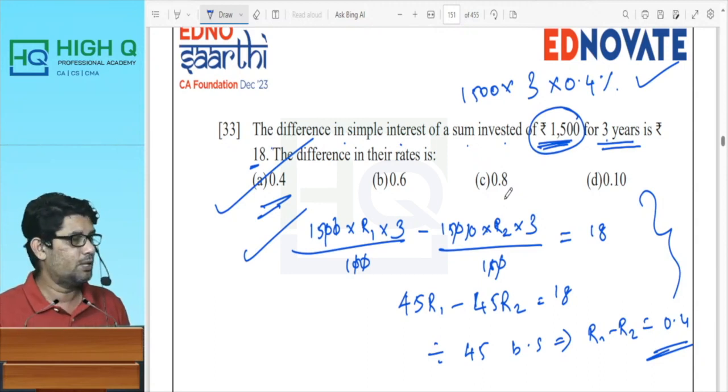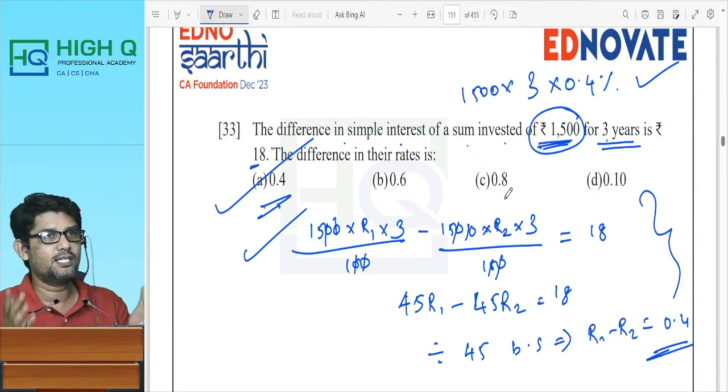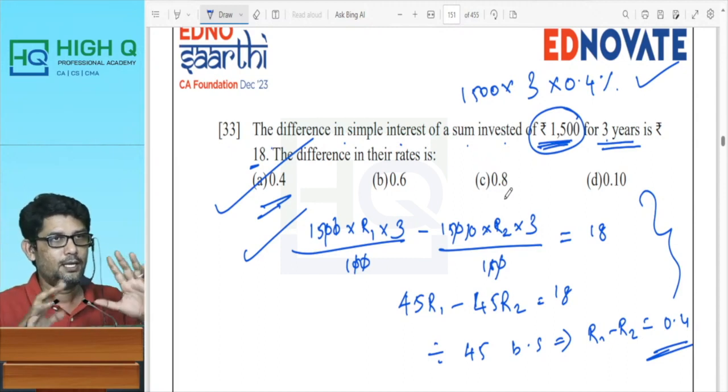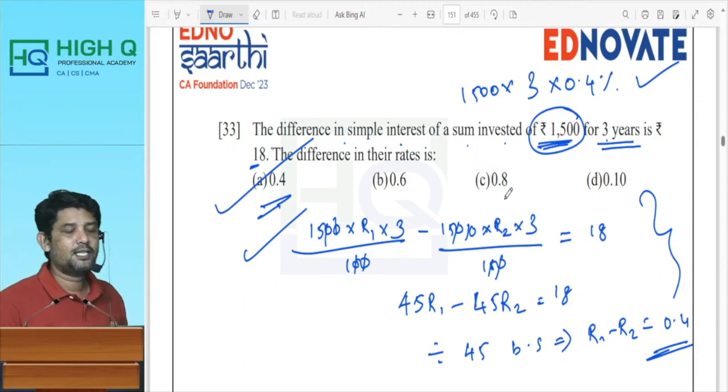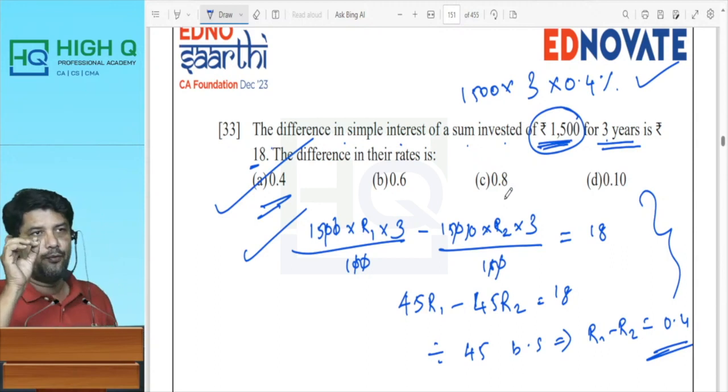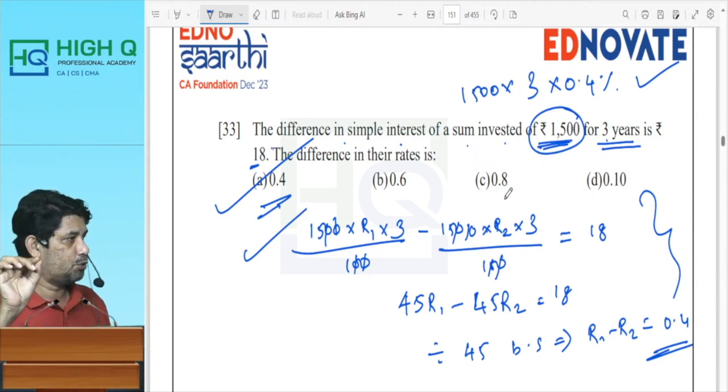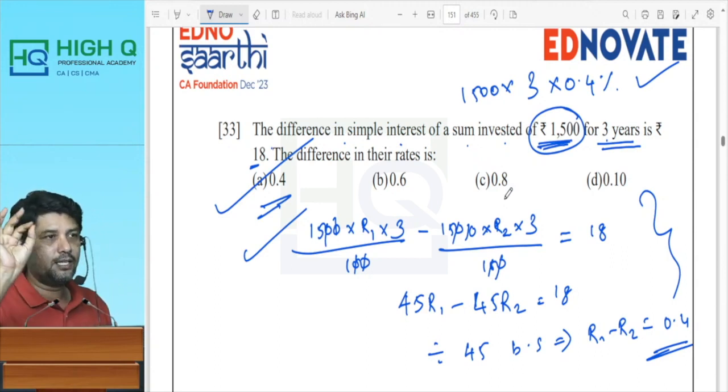Especially CA students now, they don't have the confidence of using this type of hacks. Because today only I heard one faculty outside saying that the tricks and hacks are just a pure marketing thing. That's what people are saying outside. Please understand, my dear, when an IIT student deserves to get tricks and hacks, why not a CA student?